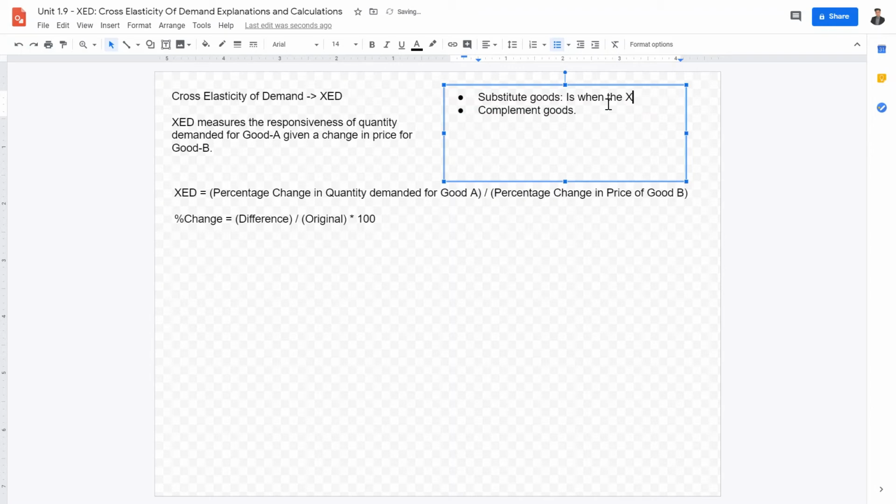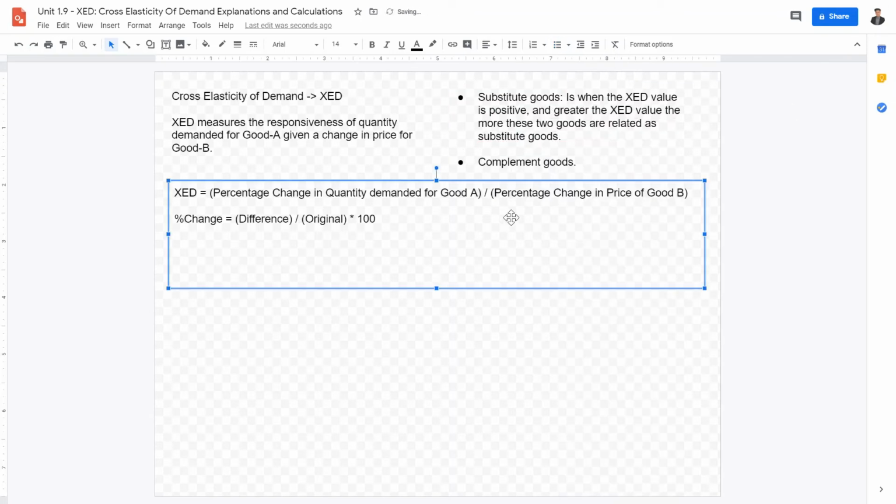So substitute goods is when the XED value is positive. The greater the XED value, the more these two goods are related as substitute goods.